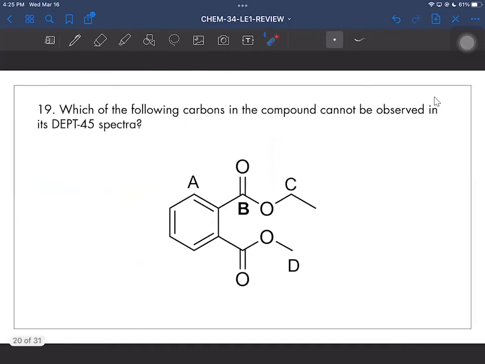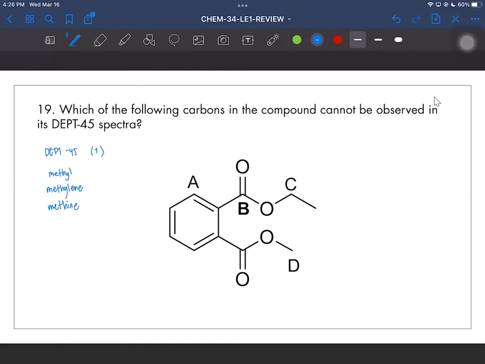Number 19, which of the following carbons in a compound cannot be observed in its DEPT 45 spectra? So DEPT 45 only gives positive peaks to yung methyl groups natin, methylene, and methine. So any carbon that has a hydrogen attached to it exhibits a positive signal sa DEPT 45.